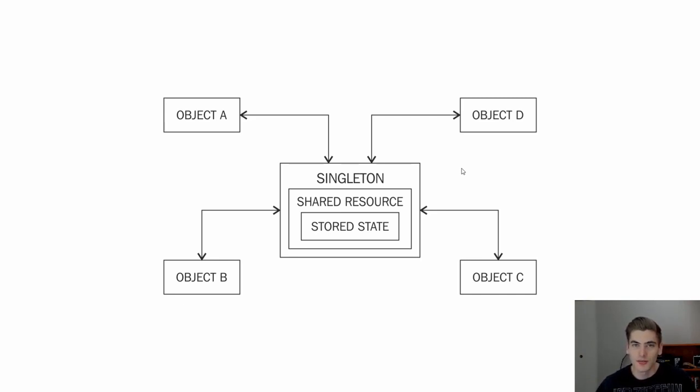But this can lead to some problems with creating global variables, since these singletons are essentially global to your entire application. Having a single object that is global to your application and controls so much of your application can be incredibly hard to test, since you need to have that single object in order to test anything, and it can create a bunch of coupling between the different parts of your application where all of your application relies on this singleton object, so it becomes very hard to change or refactor that object since all of the rest of your application is so dependent on it.